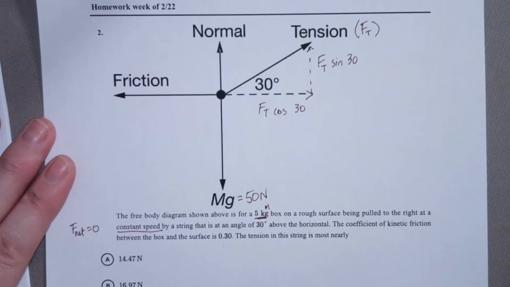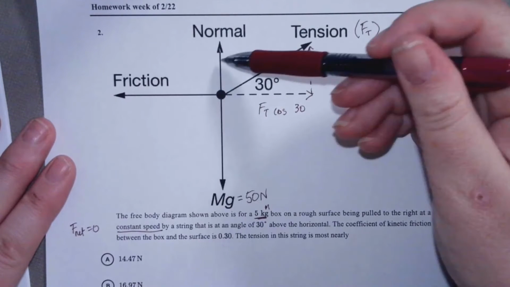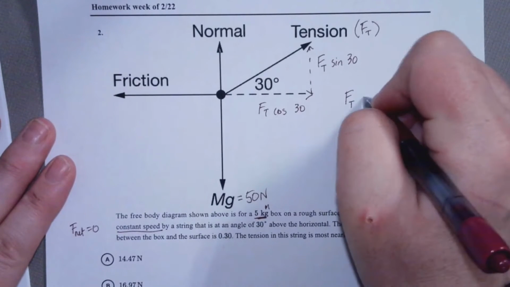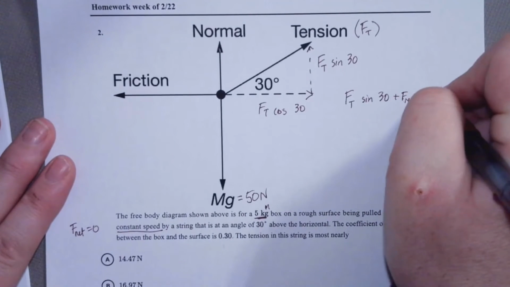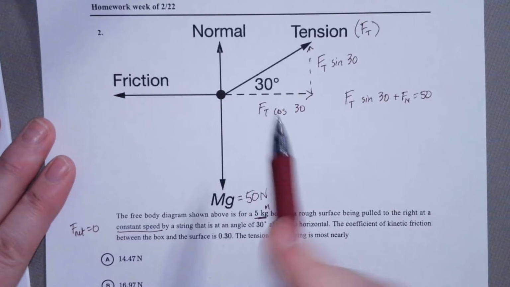Great. Okay, forces are balanced, so let's do vertical forces. Ft sine 30 plus normal force equals 50. And then horizontal forces. Force of friction is equal to Ft cosine 30.